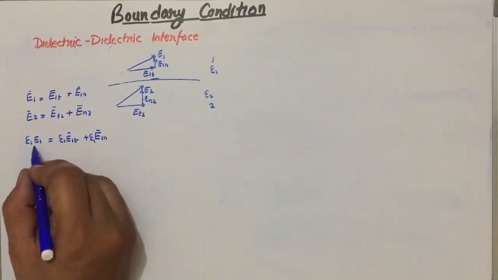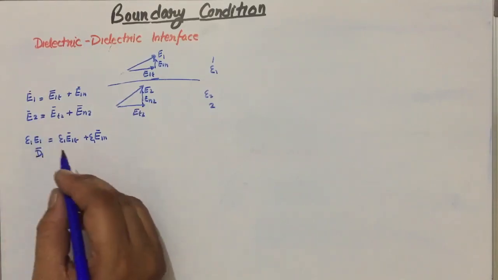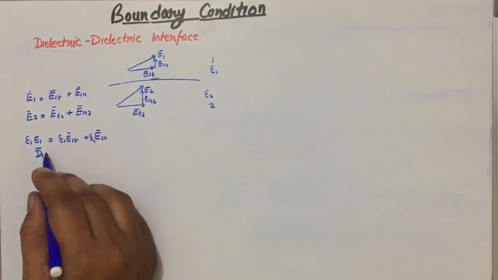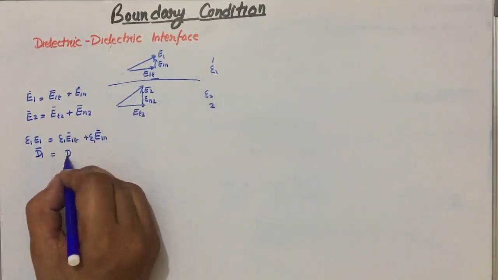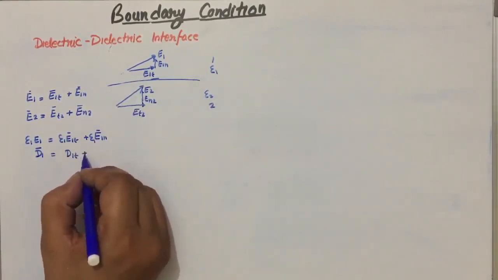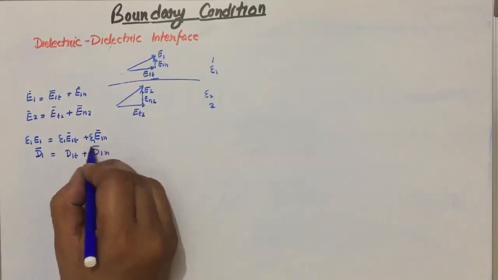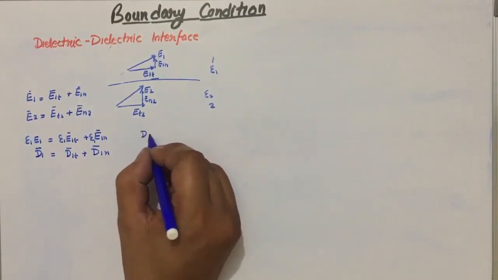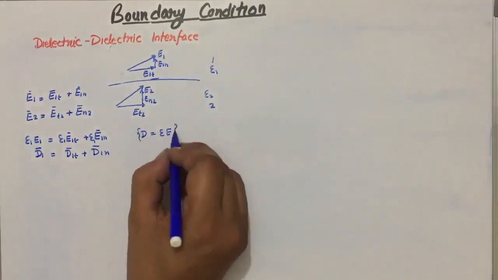In that case, this is D1, the flux density. D1 can be written as D1T plus D1N, because we have studied that D can be written as epsilon E. Already we have discussed this.